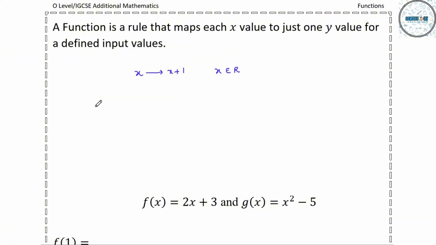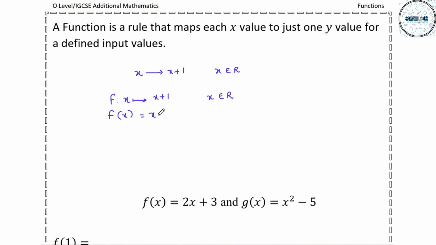It can be written as f of x equals x plus 1, x belongs to real numbers. Or it can be written in this form as well.